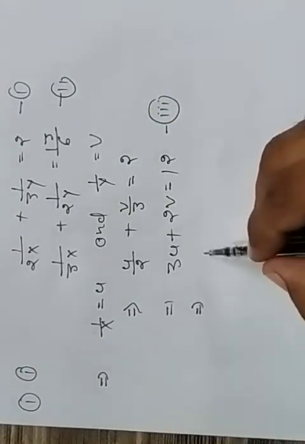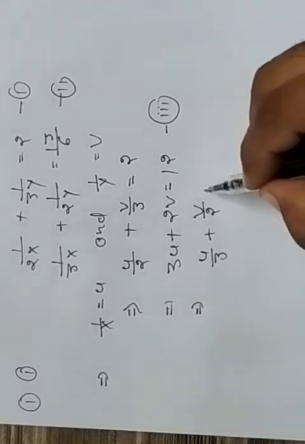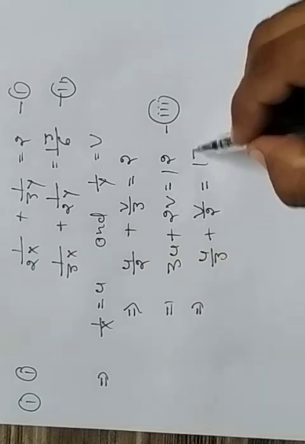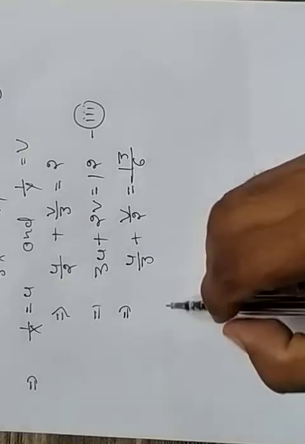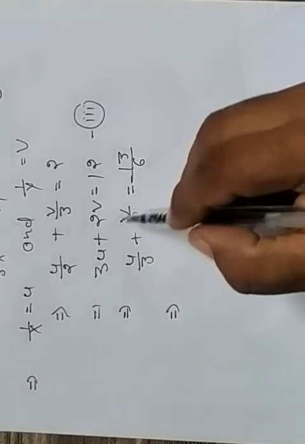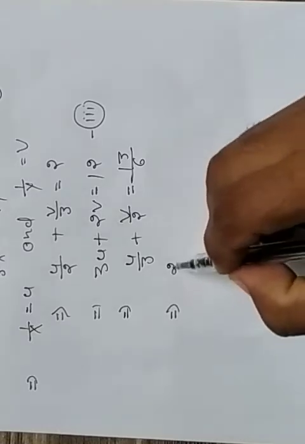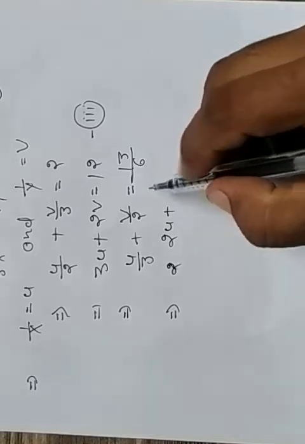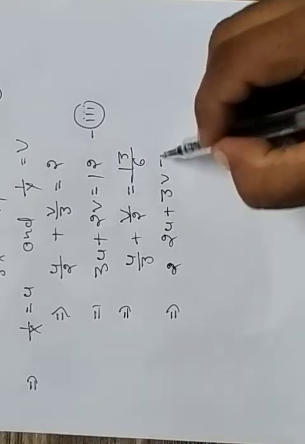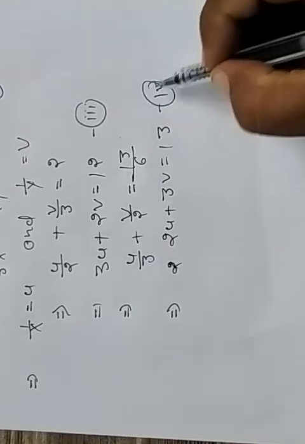We are getting u upon 3 plus v upon 2 is equal to 13 upon 6, and again multiply both sides by 6. Then 6 upon 3 is 2u plus 6 upon 2 is 3v is equal to 13. Equation 4.